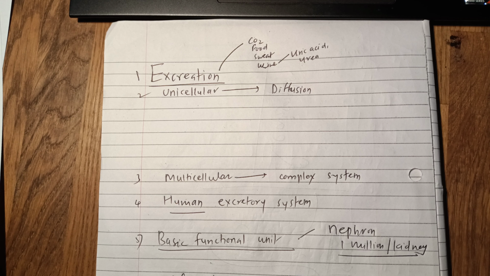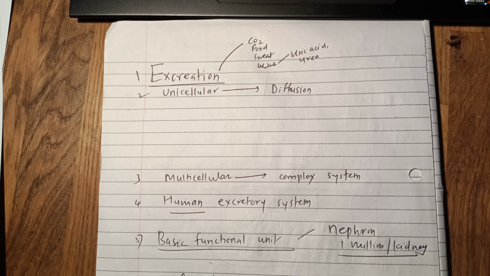The body generates various metabolites, metabolic end products, and these metabolic end products are harmful to the body. They need to be removed from the body. So these waste products are removed from the body by a process called excretion.